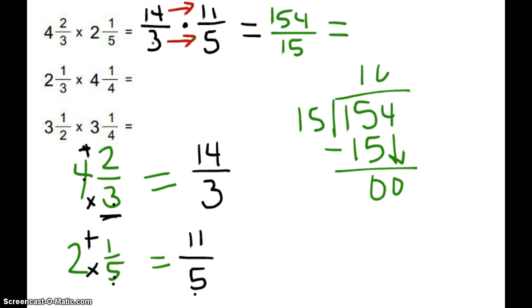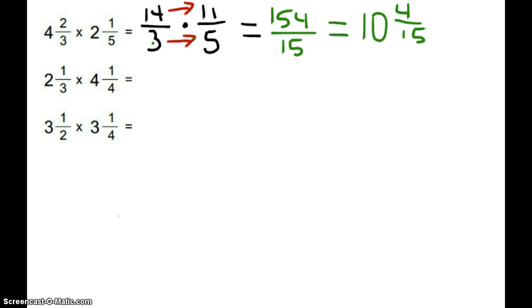So 15 will not go into 0, so it goes 10 whole times, and then, oops, I meant to bring down the 4. 15 will not go into 4. So that's 0 times, so I've got 4, so I have 10 and 4/15 left over. All right, I went through that one really quickly, so pause and rewind as much as needed.